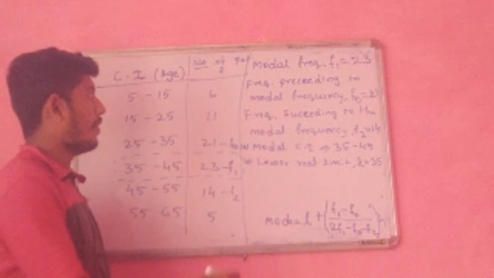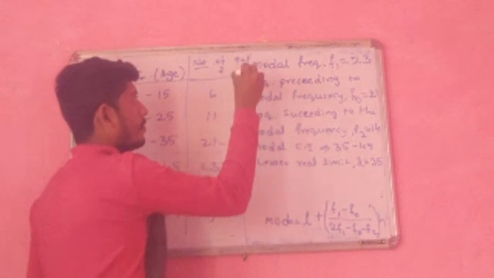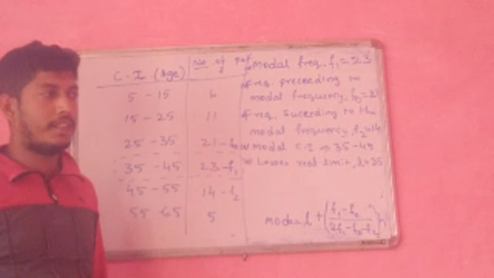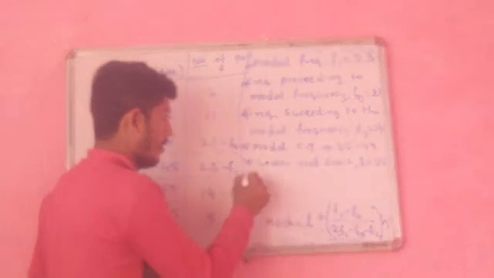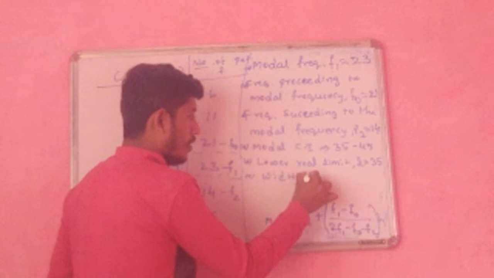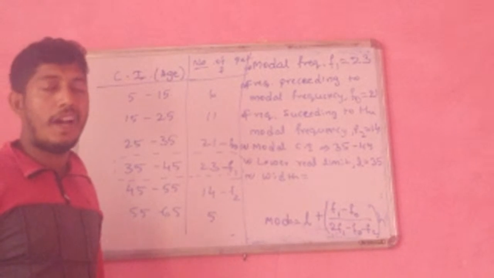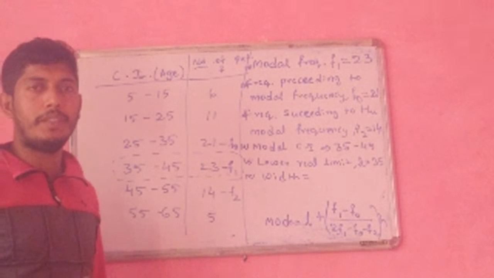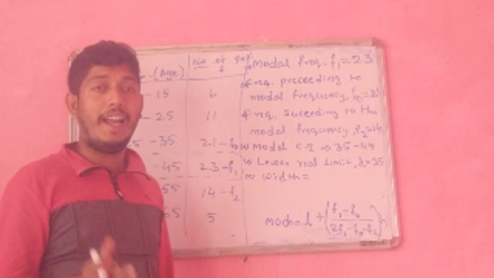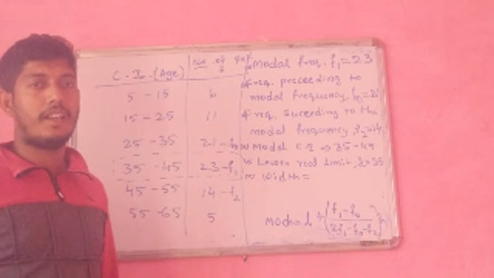The next thing we have to find is the width, that is h. Width means higher limit minus lower limit. We consider the modal class interval and subtract the lower limit from the higher limit.